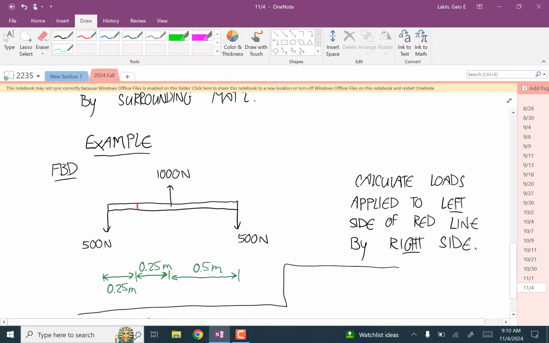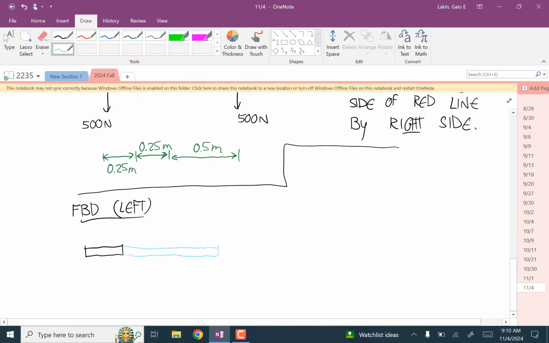Okay, so at the midpoint of the whole beam, there's 1,000 up there, there's 500 down there, but none of that is happening anymore onto the piece that we're isolating. This 500 down is still acting.